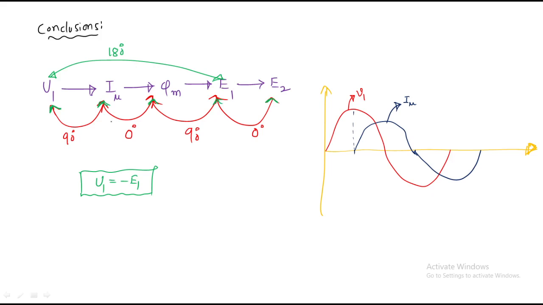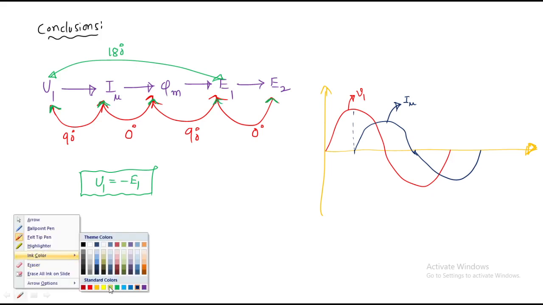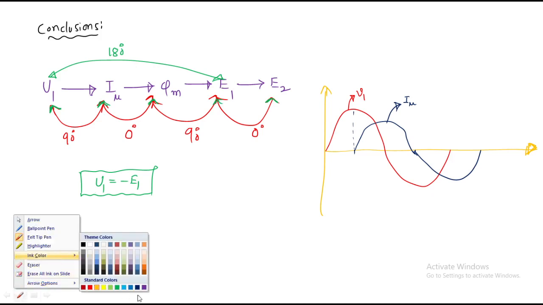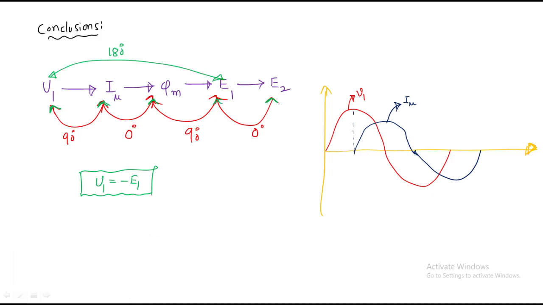Next, simultaneously we are going to get the flux, because the phase displacement between current and flux is nothing but 0, right? There is no phase displacement between flux and current, so this is what?